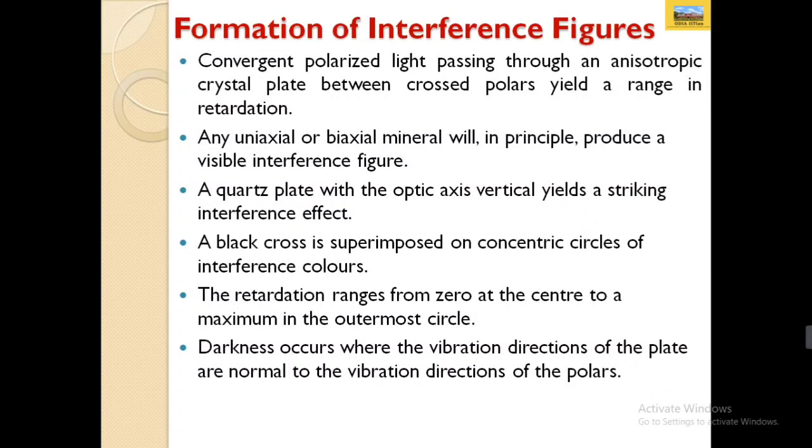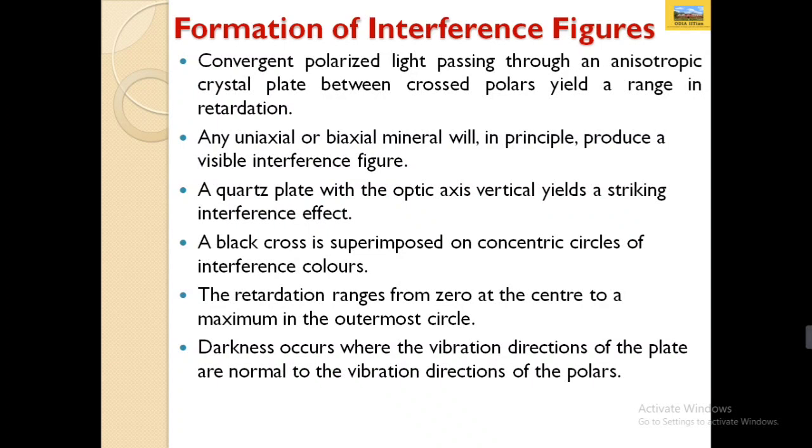Next topic is formation of interference figure. We know from the previous lecture that there are two types of setting: one is conoscopic setting and another is orthoscopic setting. Interference figure can be produced in conoscopic illumination. In conoscopic illumination, a condenser lens, polarizer, analyzer, high power objective and Bertrand lens are used.